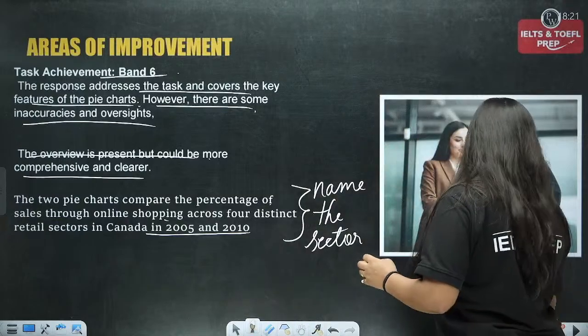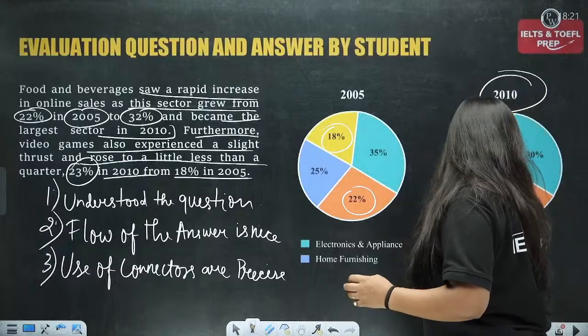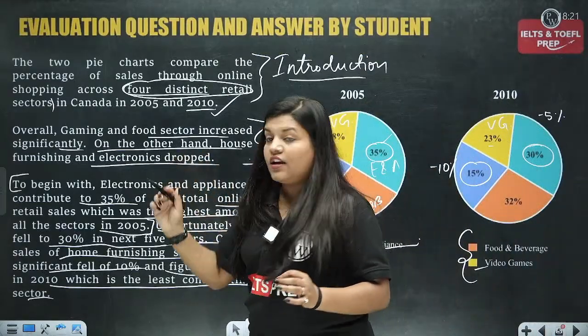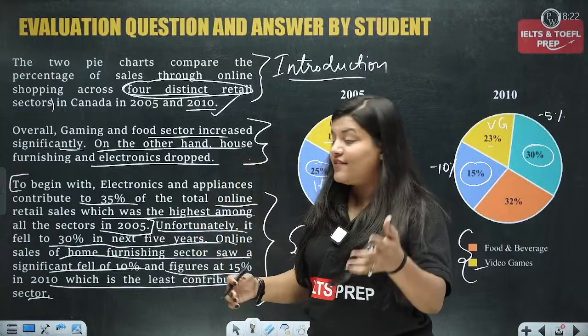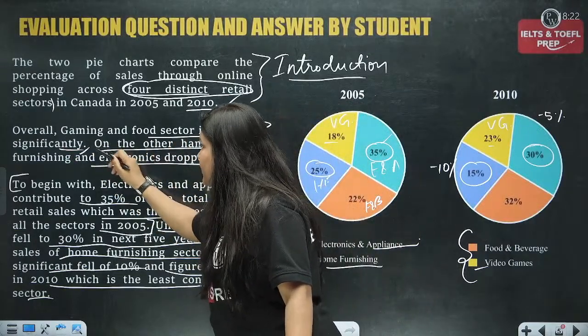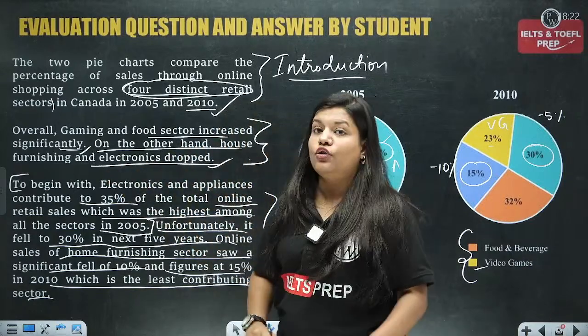Now, if I talk about the overview, no doubt the overview was really good, but again, it was way too straight. When I say straight: overall, gaming and food sector increased significantly. On the other hand, house furnishing and electronics dropped.